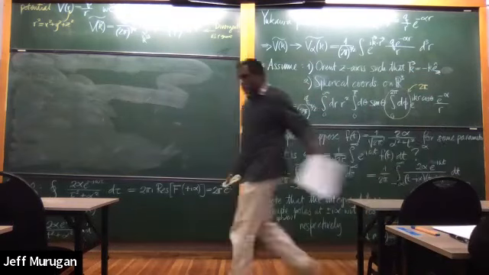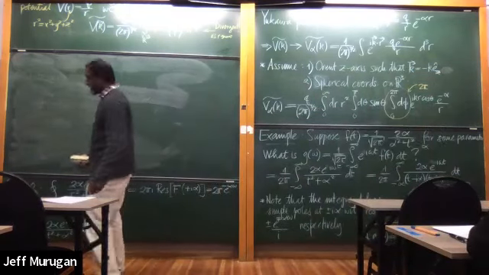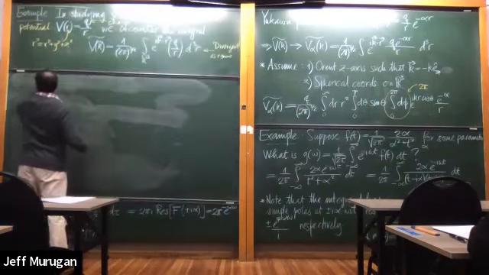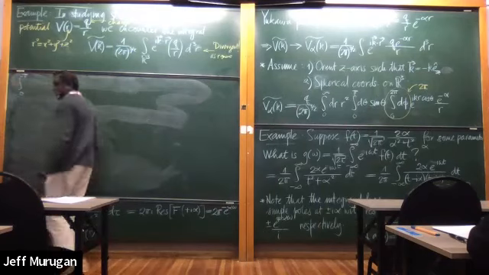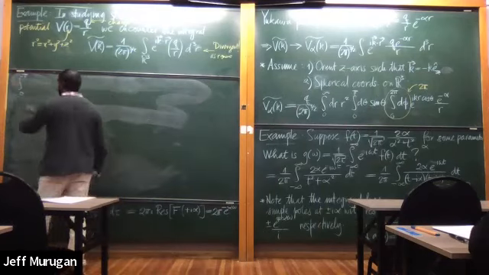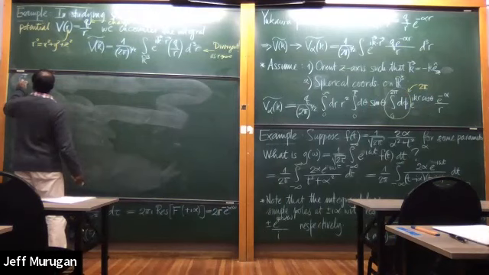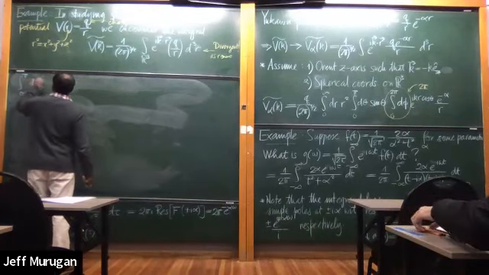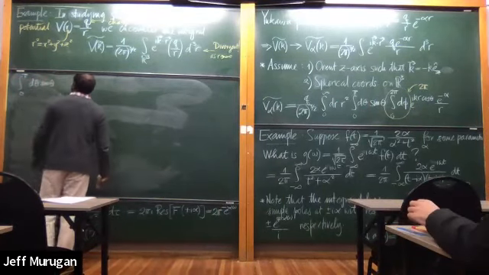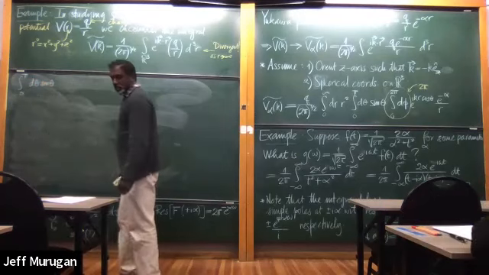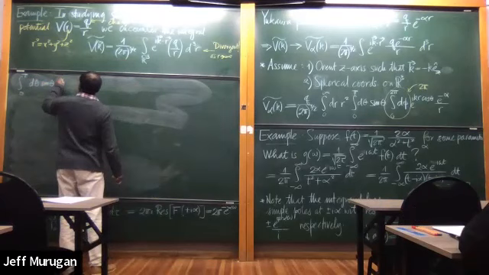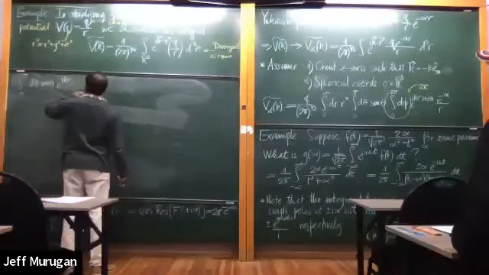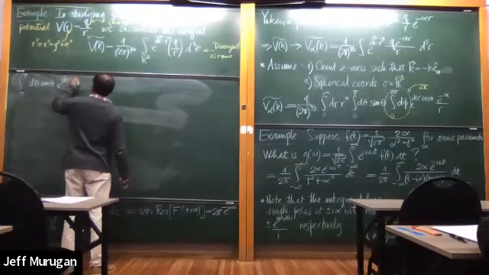Secondly, the theta integral looks like this: the integral from 0 to pi of sine theta d theta e to the i k r cos theta.